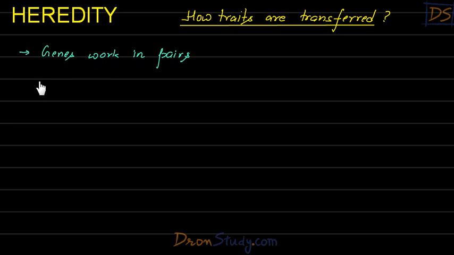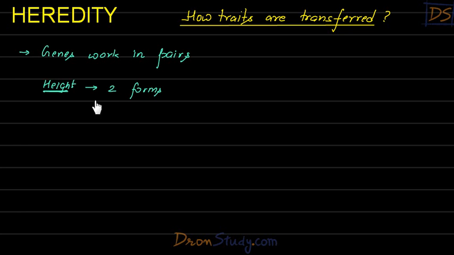So for example, let me talk about this trait, that is height of a human being. If we talk about height, there are specific genes to control height. So the genes which control height exist in two different forms. You understand? The genes which control height, they exist in two different forms.